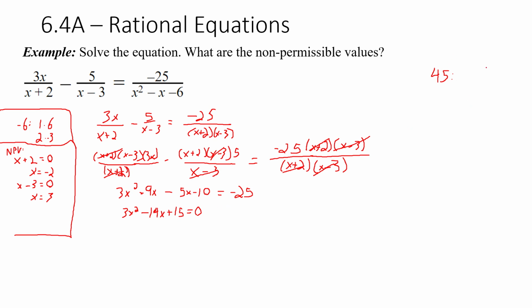So 1 times 45, 3 times 15, 5 times 9, and that's all of them. We can get it with negative 5 and negative 9. So we don't need to use the quadratic formula this time.